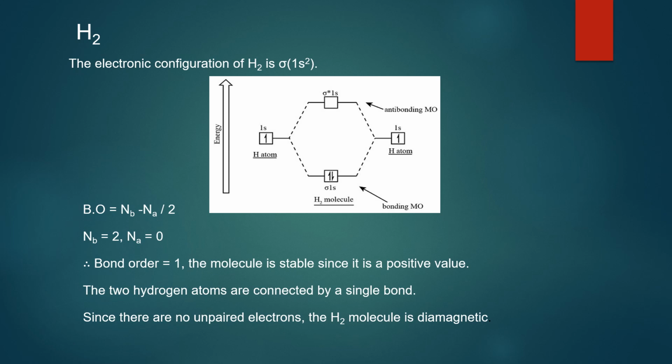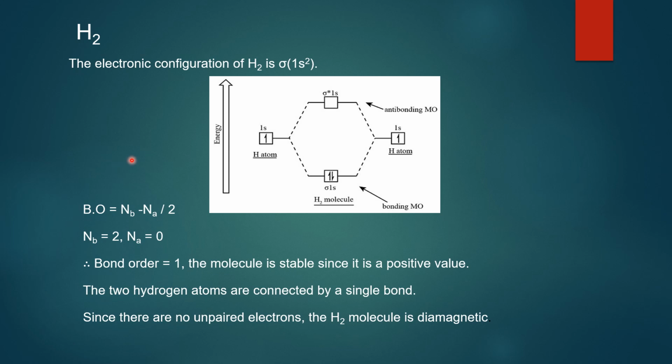The second thing is calculation of the bond order. What is the bond order formula? It is the number of electrons present in bonding molecular orbitals minus the number of electrons present in anti-bonding molecular orbitals, divided by 2. You will get the bond order for any molecule by using this formula.